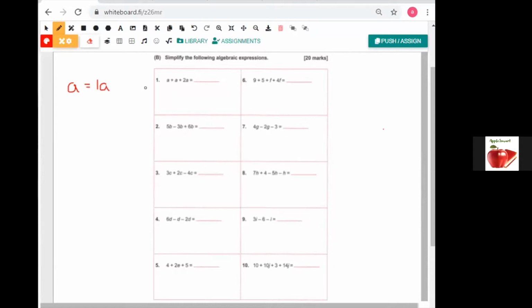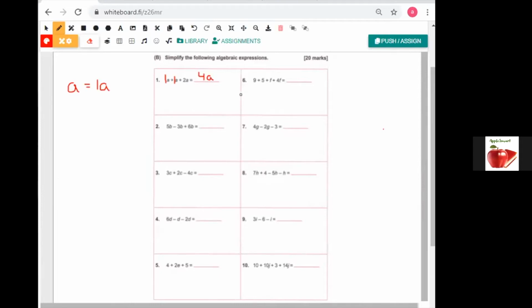And so if we have 1A plus 1A plus 2A, what would be the answer? It'd be like asking apples. If I have 1 apple plus 1 more apple plus 2 more apples, how many apples do I have? 4 apples. So in this case, we don't say apples, but we say A.